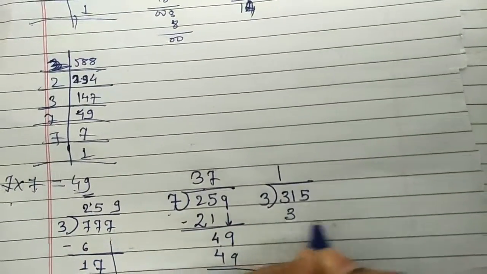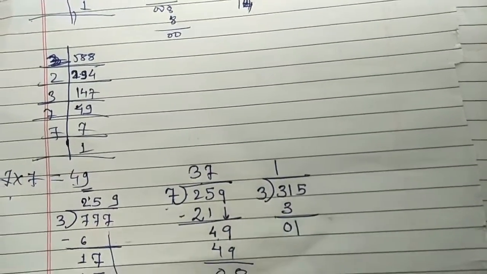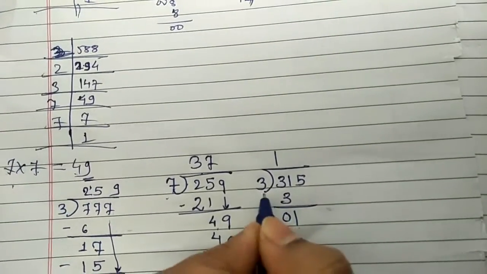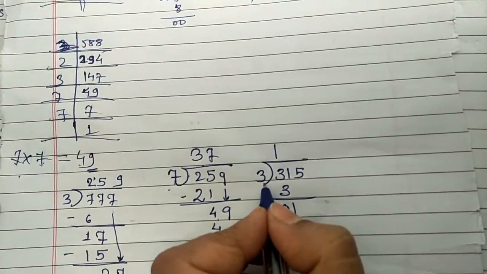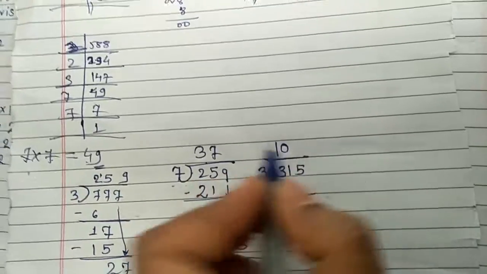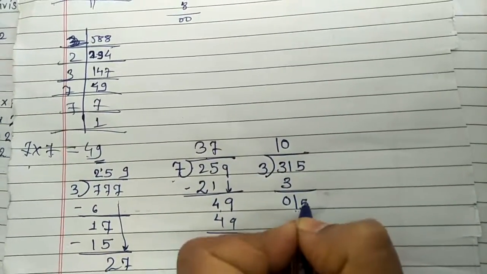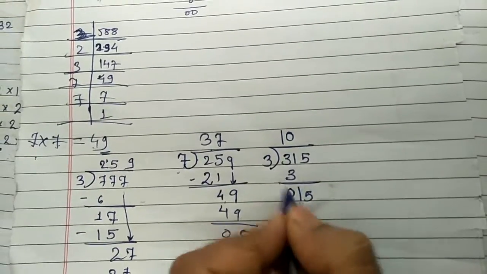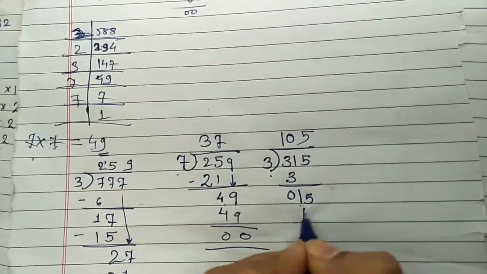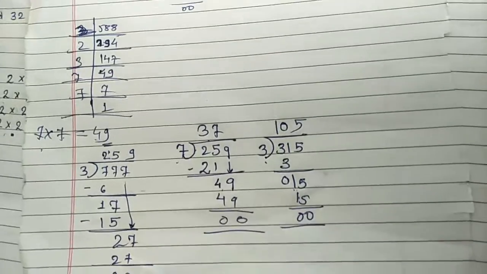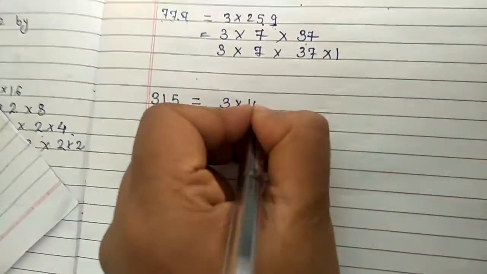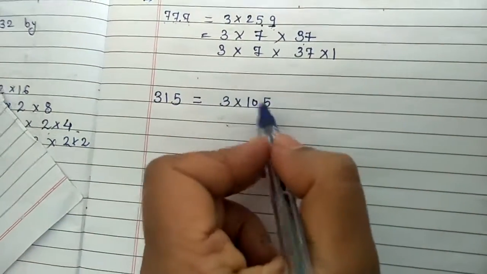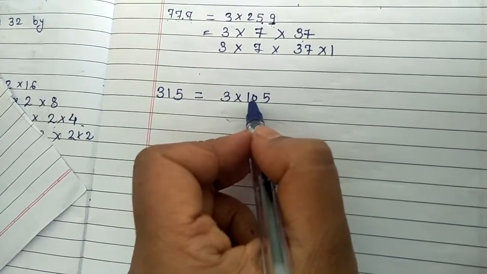So 3 1s are 3, 0, carry 1. So this 1 we can't divide because 1 is smaller than 3. So here we give 0 and then this 5 we carry downstairs. Done. So here 3 5s are 15. So 0 0. Done. So here it is 105. So 3 into 105. So see, 5 plus 0 is 5 and plus 1 is 6.